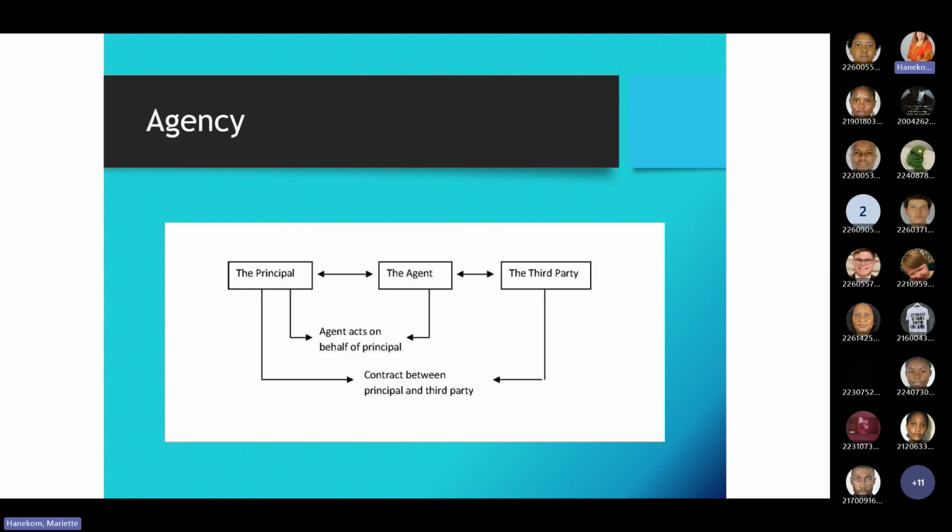The agent enters into a contract with a third party. The agent is authorized. The agent acts on behalf of the principal to contract with a third party, and the subsequent contract is then between the principal and the third party.